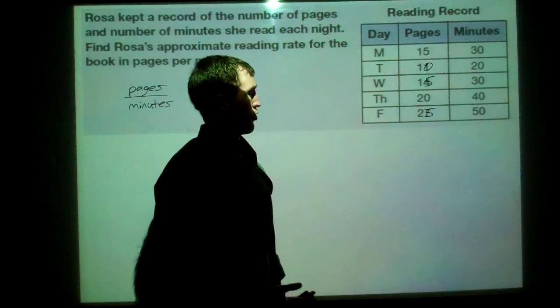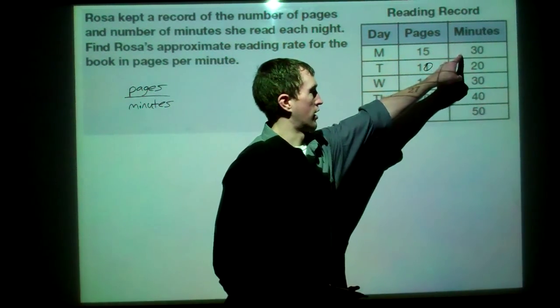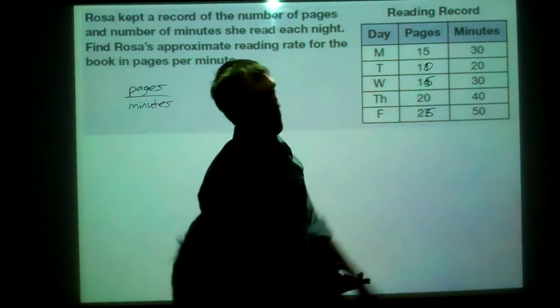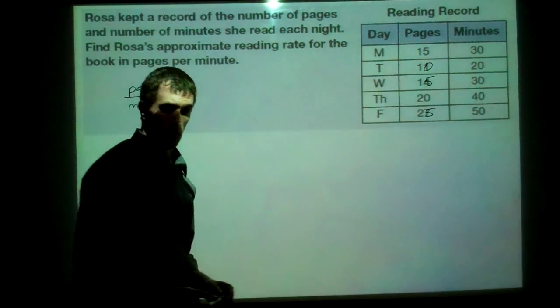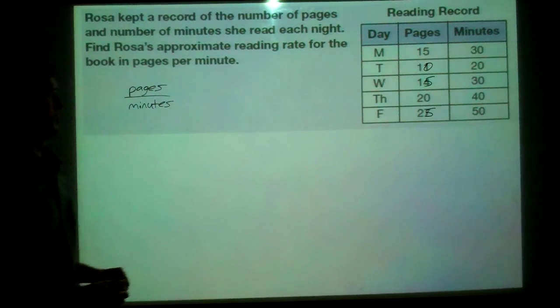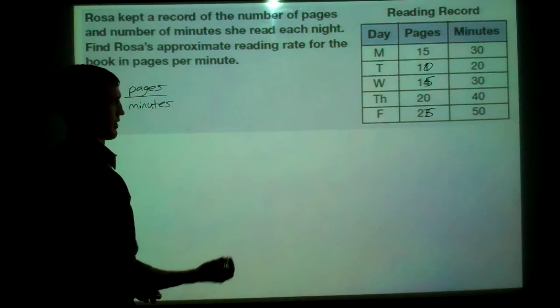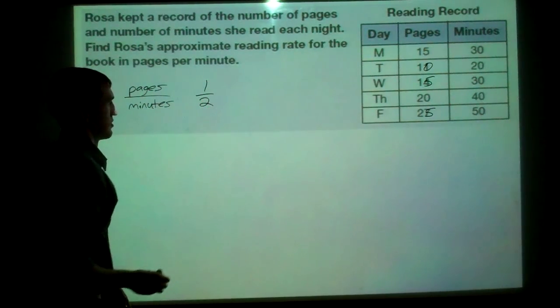This is something we can do, because now that we changed these, we see 15 to 30, we're doubling across here. 10 to 20, doubling. 15 to 30, doubling. When we didn't change those numbers, they were very close to doubling from pages to minutes. So if we look at this, we're essentially saying that we're getting one page read every 2 minutes.